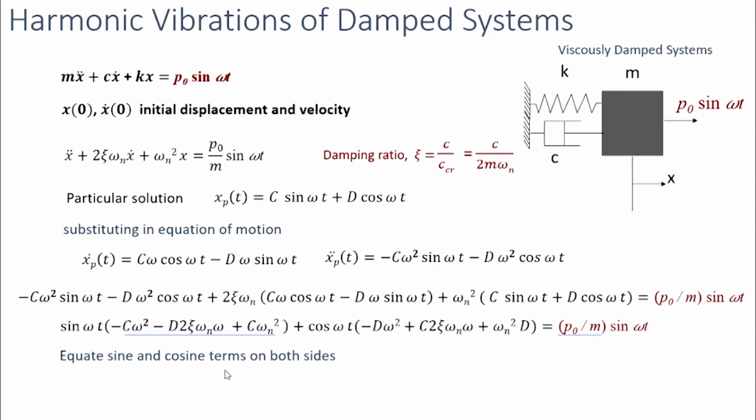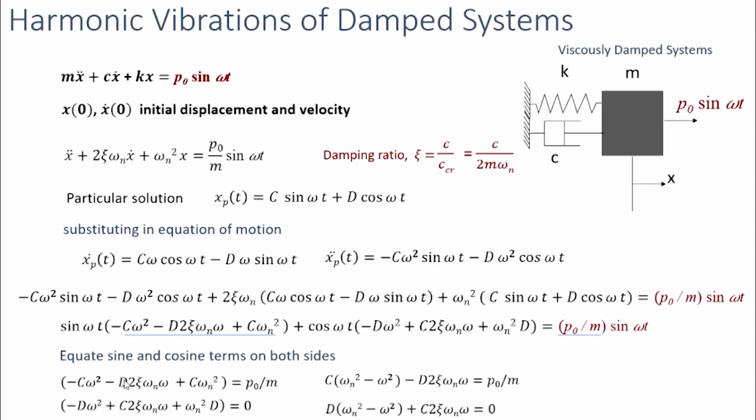Now we can equate the sine and cosine terms on both sides. These are the sine terms on the left hand side, and on the right hand side we have one sin omega t term. So we can equate these terms to this one, and we can also equate the cos omega t terms to 0, because on the right hand side there are no cos omega t terms. If you do that, we will get two expressions. One is this equal to P0 by m.